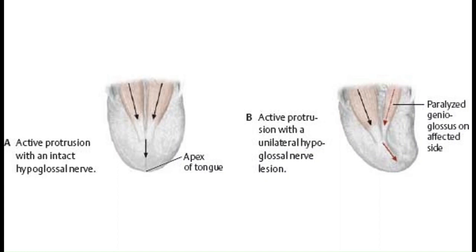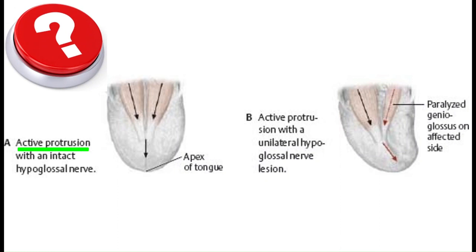Now we have two hypoglossal nerves and two genioglossus muscles, and they contract at the same time, the right and the left, and they coordinate and balance the tongue, and the tongue is protruding exactly in the middle.